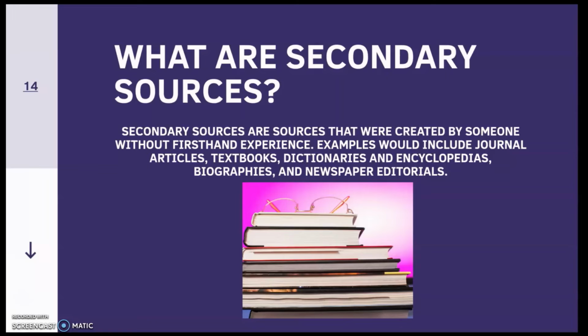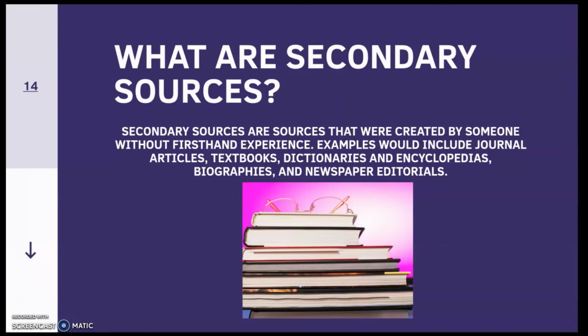Secondary sources are sources that were created by someone without firsthand experience. Examples would include journal articles, textbooks, dictionaries, and encyclopedias, biographies, and newspaper editorials. So these sources are basically what you would end up using if you were writing a research paper to support your ideas.